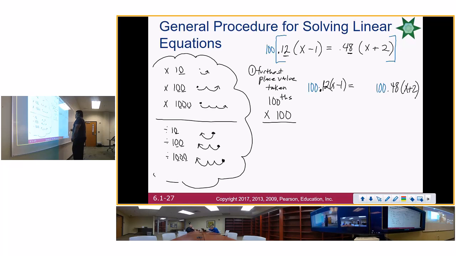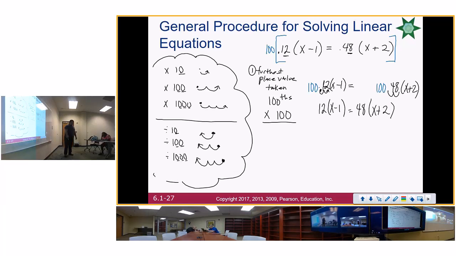Now what is that 100 multiplied by 0.12, what does that do to the decimal? It makes it 12 times x minus 1. And what does the 100 times 0.48 do? 48 times x plus 2. Now you got an algebra 1 problem. Finish it.